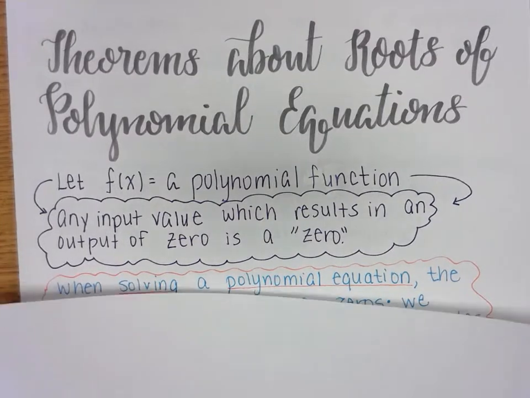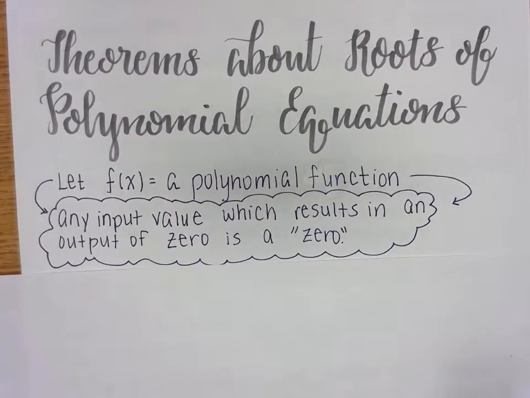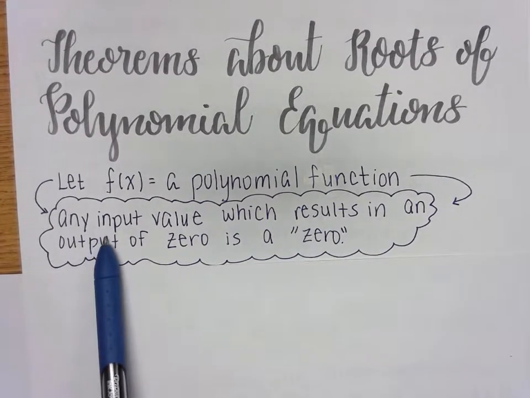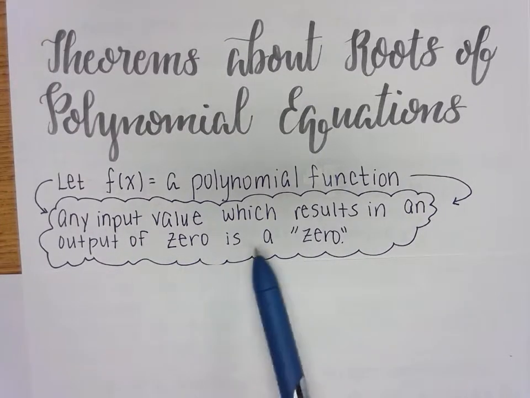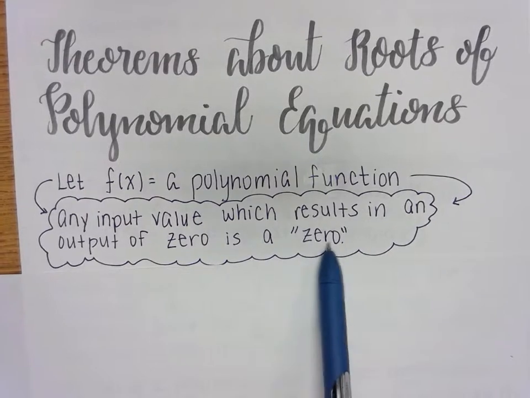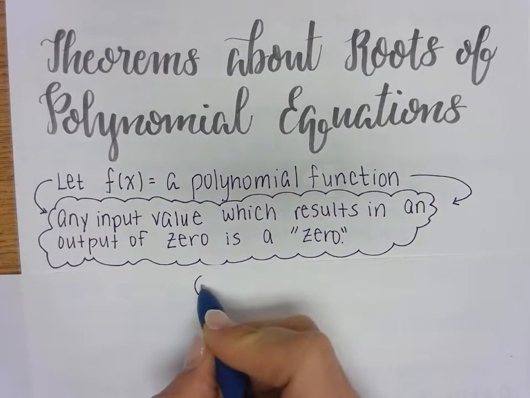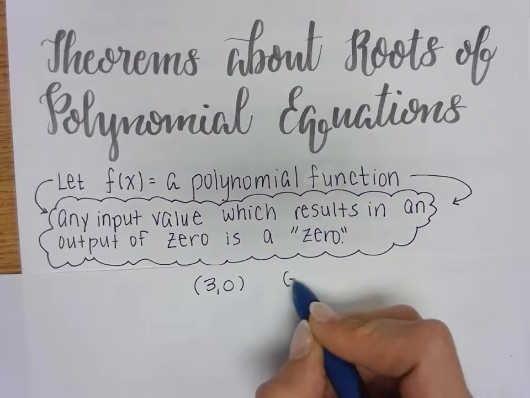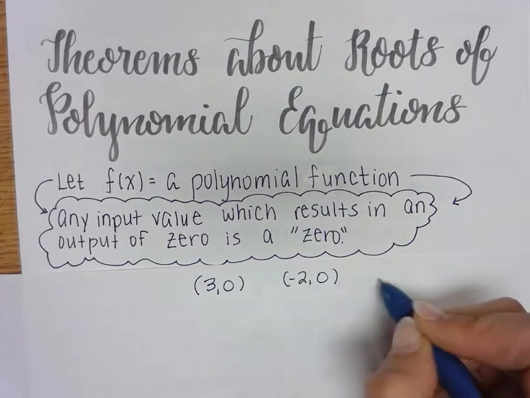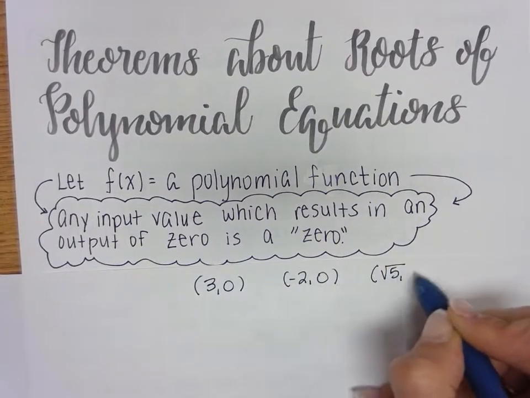Let f of x equal a polynomial function. Any input value which results in an output of 0 is a 0. Okay, that's where the name comes from. It's a nickname of 0. It's like a last name. All of them, when you plot them on your x-axis, it's like (3, 0), (negative 2, 0), (square root of 5, 0).